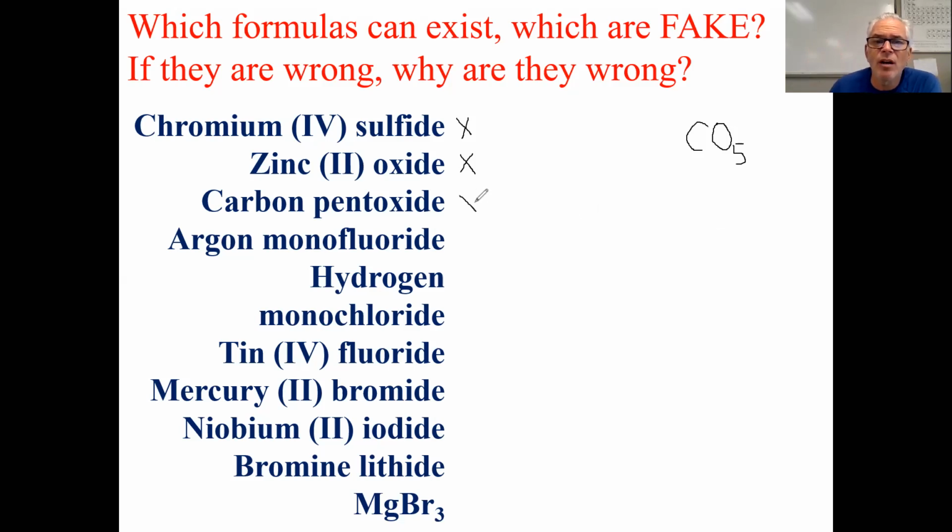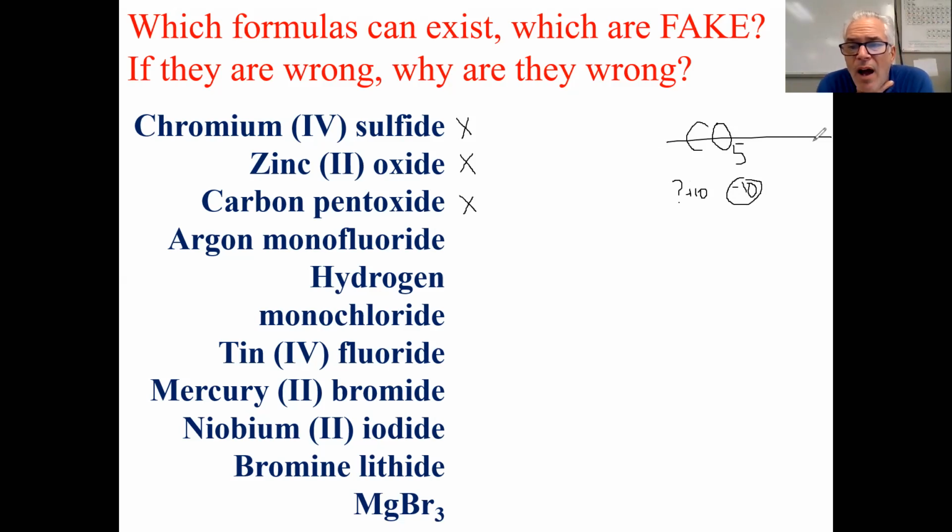This can never work because with 5 oxygens, that would give this side a -10 oxidation state, right? There's 5 negative 2s. The question would be then, does carbon make a positive 10 oxidation state? Does it? Look. Does carbon have a positive 10? No, of course it doesn't. This is a wacko.